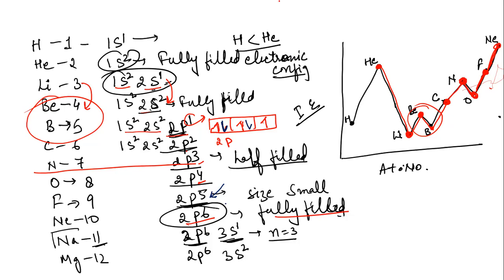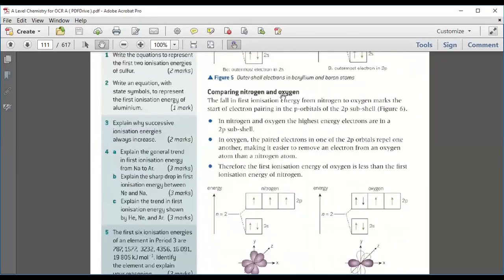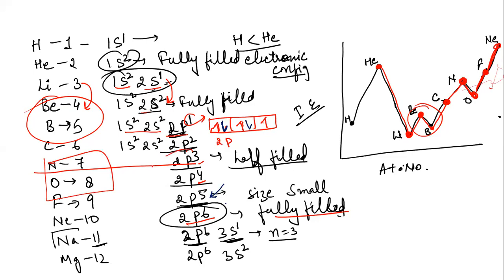Comparing nitrogen and oxygen. Again, see this point. Nitrogen is half filled, more stable. In case of oxygen, electron is added, pairing of electron will take place.